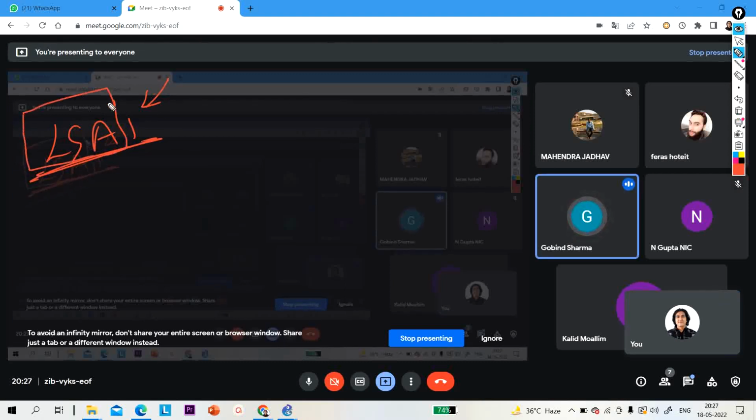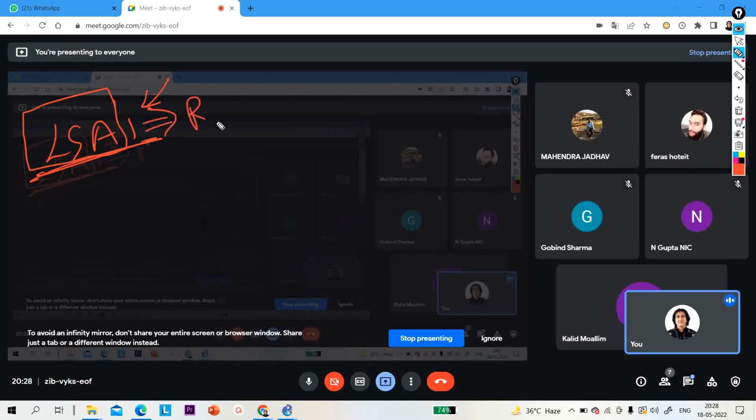Link state advertisement. Yes, link state advertisement. Fine. Who will generate LSA 1? Every router within the area will generate LSA 1. LSA 1 means I am talking about the router LSA, right? The name of LSA 1 is router LSA. So every router within the area will generate LSA 1.